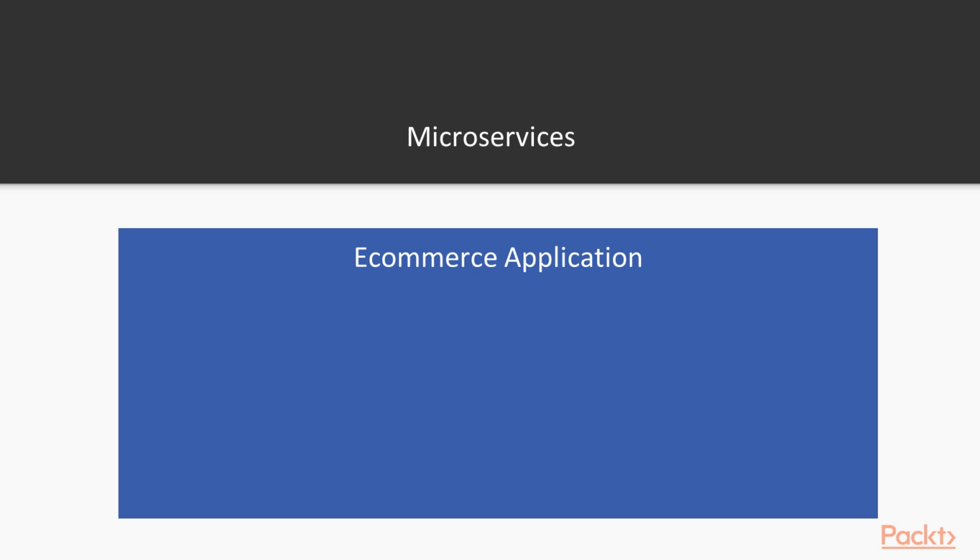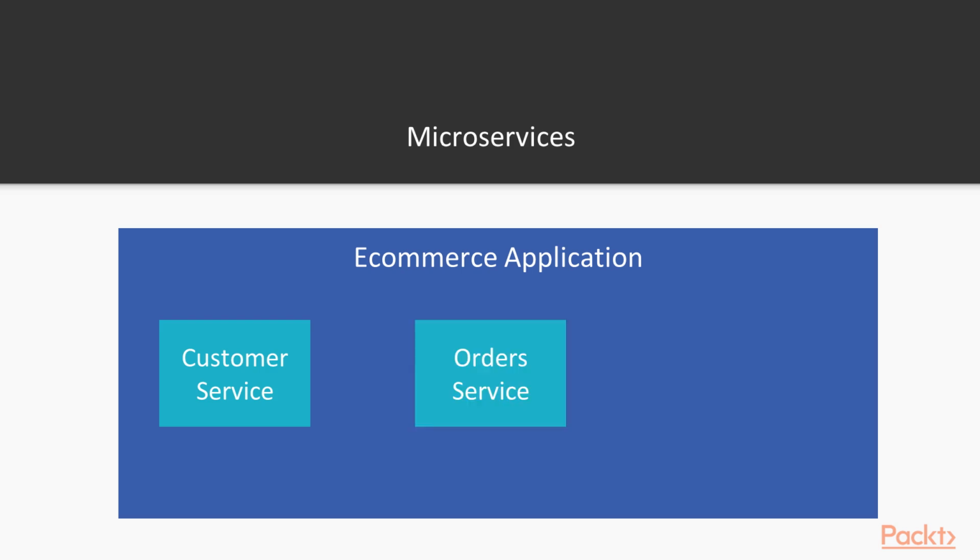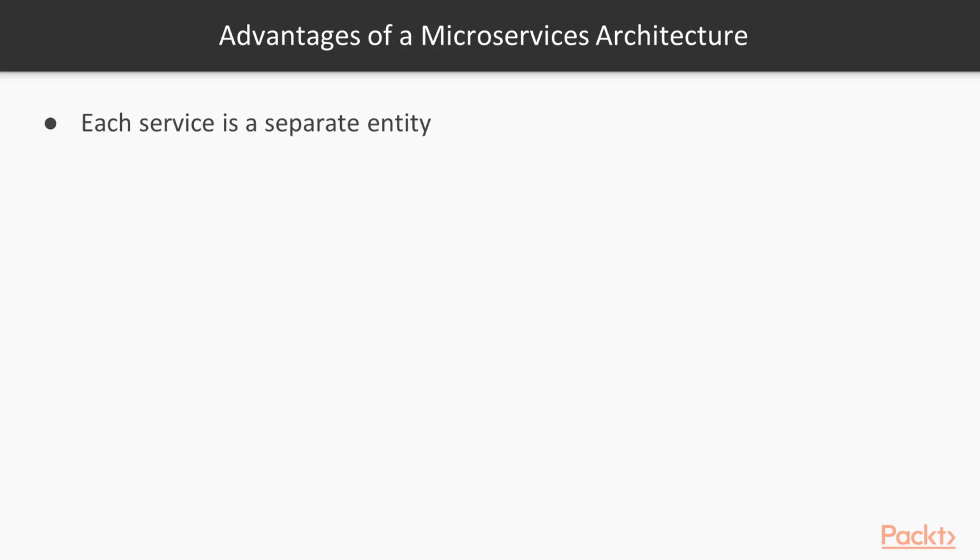So now we come to microservices. We have the same concept, we have the same application. The only thing is that everything is now designed as a service and not a module. What are the advantages of such an architecture? Each service itself, so the orders, the products, all of them are developed as a separate entity on its own.